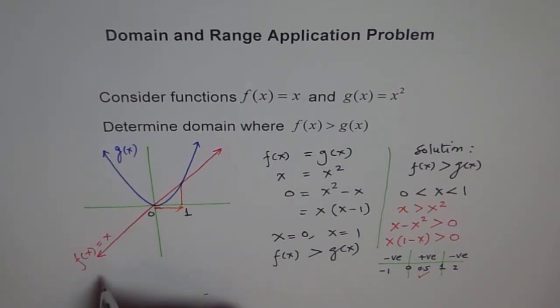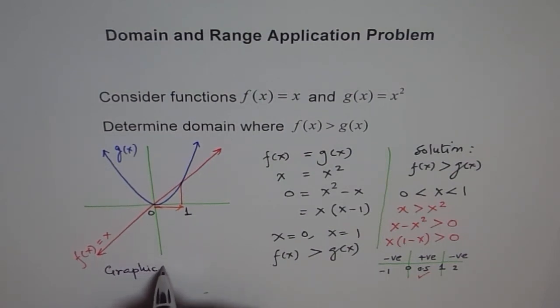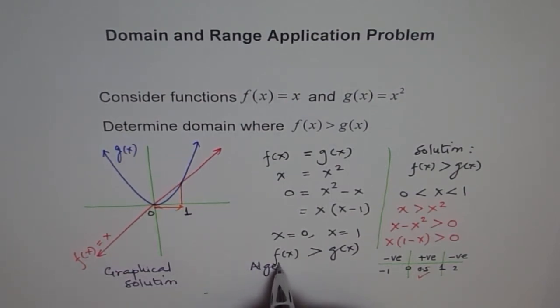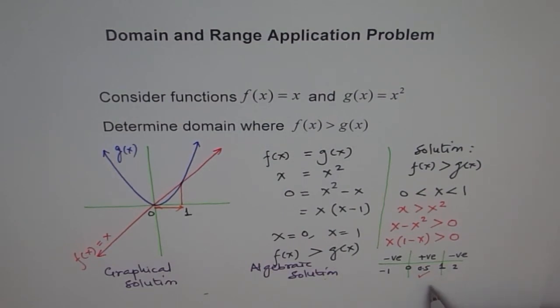So we call this using graph, right? And this is an algebraic solution. This is also an algebraic solution using table of values, correct? So here we have used table of values to find out the solution, correct?